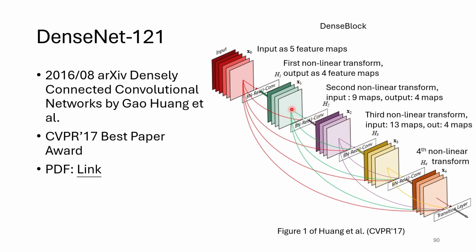The interesting thing is they get signals from their previous layer, but they also get signals from their grandfather layer. This is why it's called DenseNet. In this dense block, there are 5 layers. The first layer passes signal not only to its following layer, but also to the next layer and the next layer. So you can see there are many lines from the first layer to all the following layers.